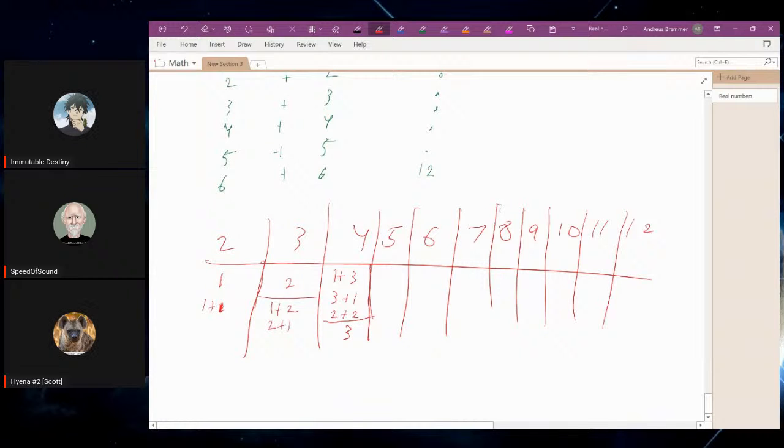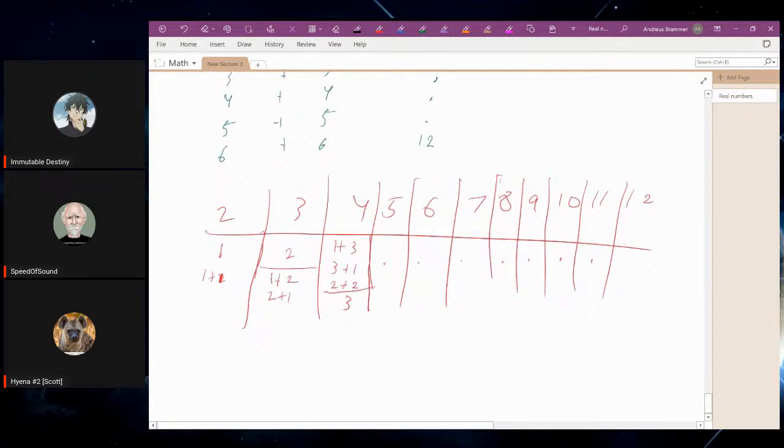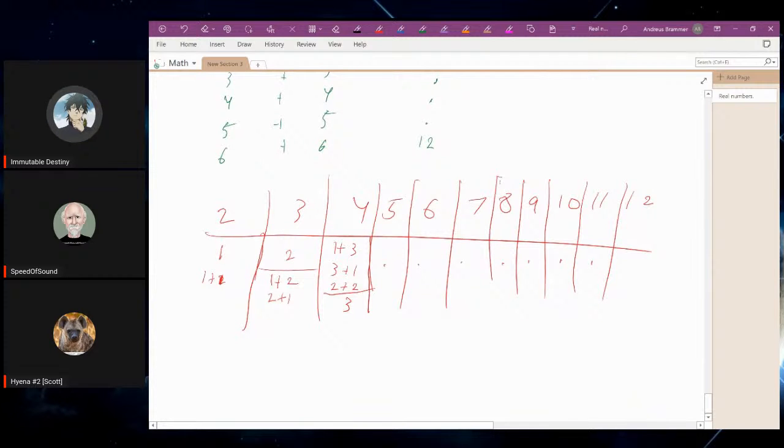And so on, and so on. And as a matter of fact, if we think about the middle number here, the point of this exercise is that I can keep listing the number of ways to do this.